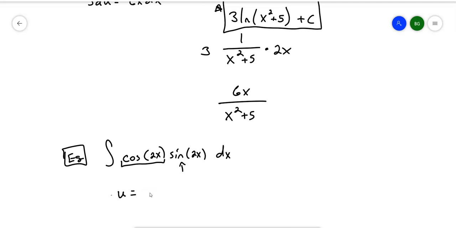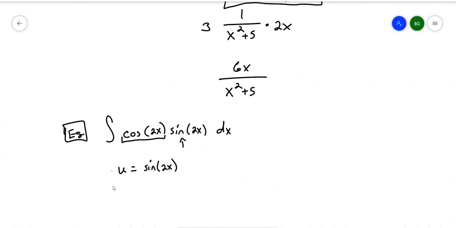Let u equal the sine of 2x. And the reason this works is, remember what our next step is going to be. Our next step is to take the derivative with respect to x. So the derivative of sine is going to be cosine of 2x. Now, because of chain rule, times 2. Let's go ahead and multiply through by dx.